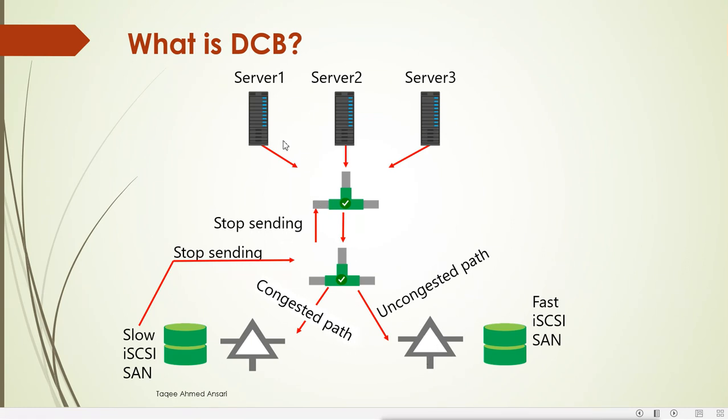So this feature allows the client or initiator to use the iSCSI target which is not congested or which is faster than the other one. For the slow one, it stops sending the requests and replies, but the fast one will still be available. This is the job of the DCB configuration, that it provides the right or fast iSCSI target to the initiator.